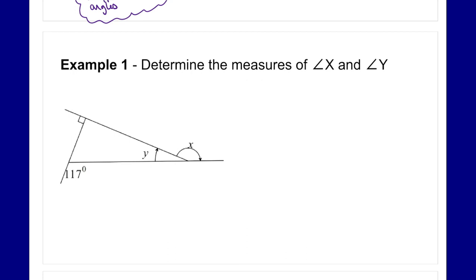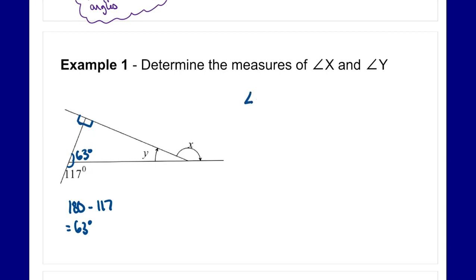So first, if I know that this angle here is 117, and this other angle in here has to be 180 minus 117, 63 degrees. So I know this angle is 63 degrees. If this angle is a right angle, then this angle has to be a right angle as well, because they both have to add up to 180 degrees.